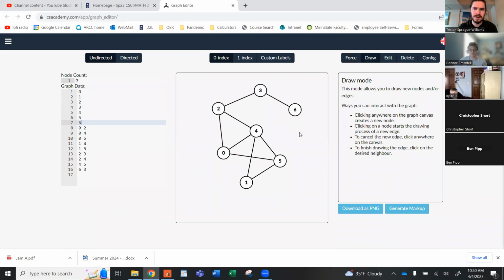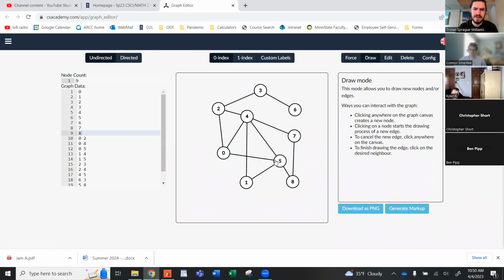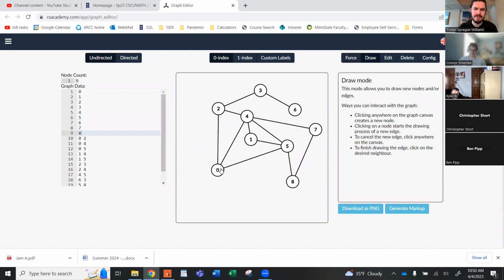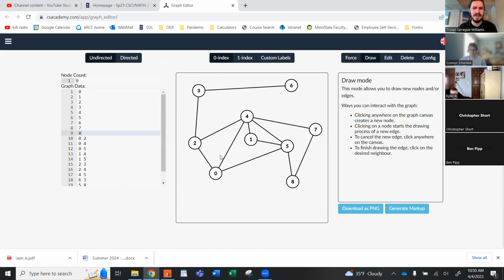It's very easy to add new vertices just by clicking, and then you can click on vertices and add edges all over the place, like that. And then you can grab them and move them around, right? So here I can nab these vertices and move them places. And so you can rearrange them, which is really nice. And they maintain their adjacencies as you are doing that rearrangement.